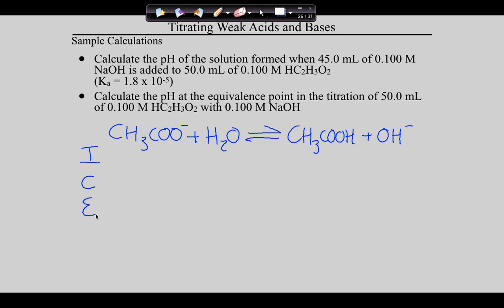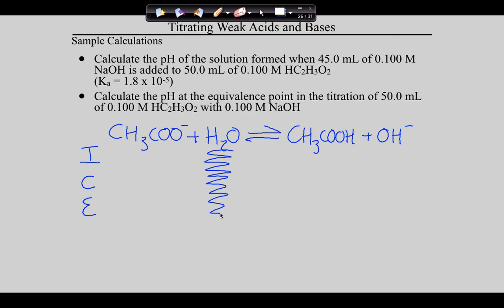Now guys, setting up the ice box for a weak base, what is the surprisingly satisfying first thing we get to do? Squiggle out the water, because water does not have a molarity. In order to satisfy this, do we need molarities or numbers of moles?